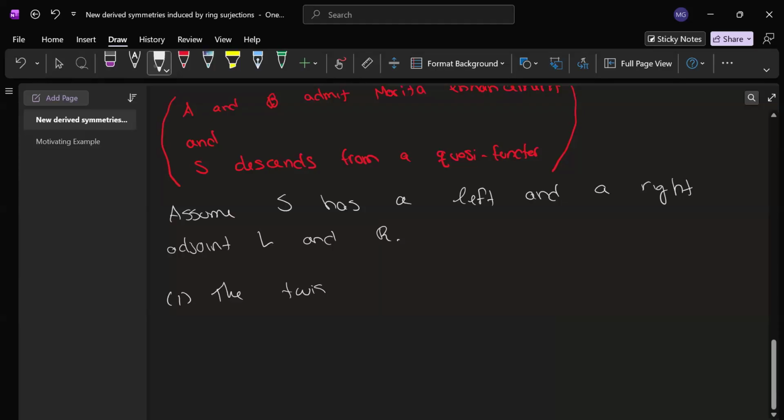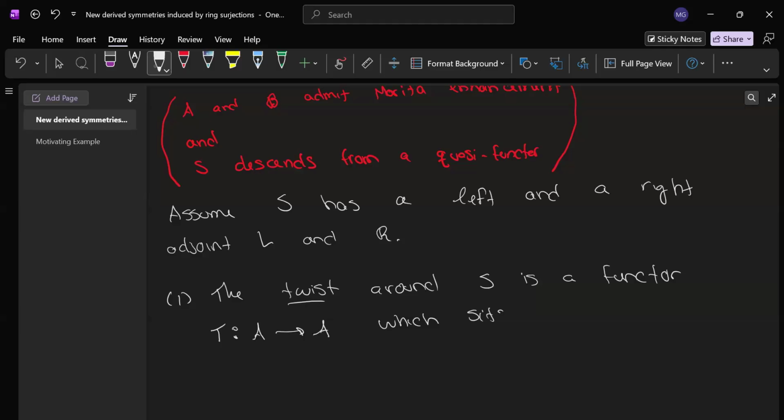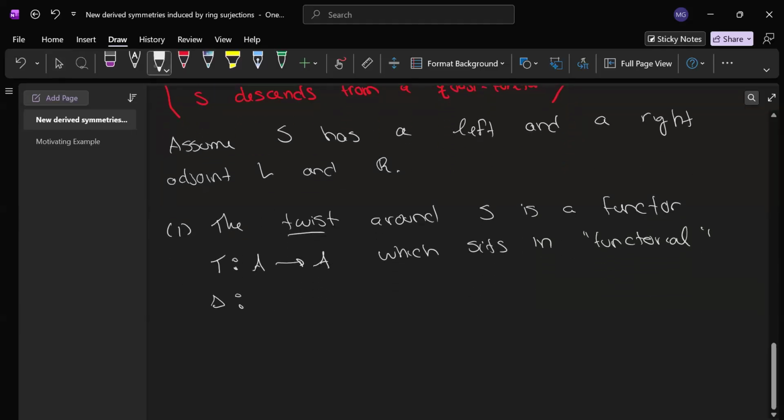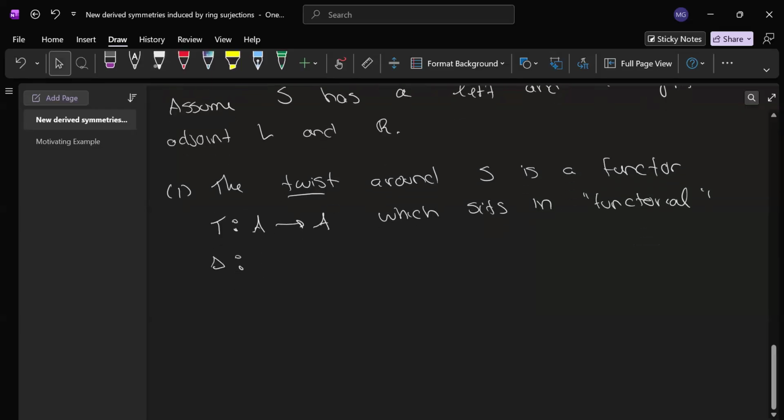The twist around S is a functor T, and this twist is going to be an endofunctor of A, which sits in a functorial triangle that looks like this.